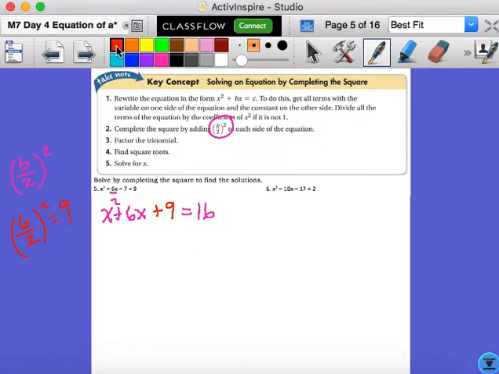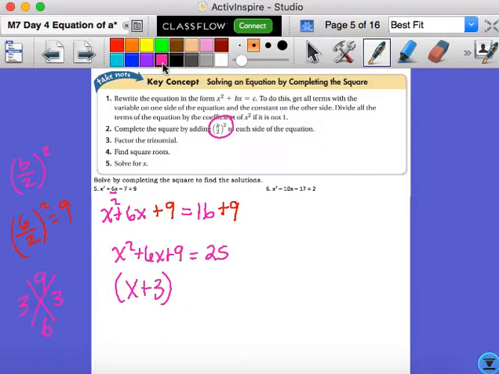But what I do to one side, I have to do to the other. So now I have x squared plus 6x plus 9 equals 25. And if I look for factors of 9 that add to 6, I've now forced this so that it's the same number twice. So I'm going to end up with x plus 3 times x plus 3, or x plus 3 squared equals 25.